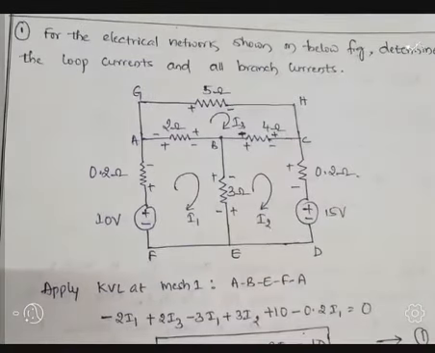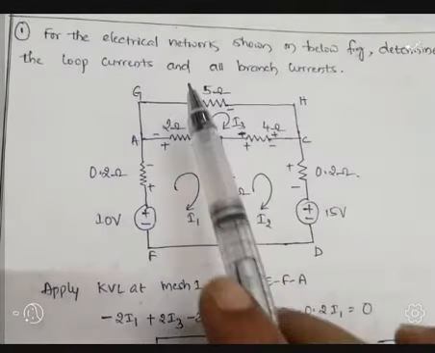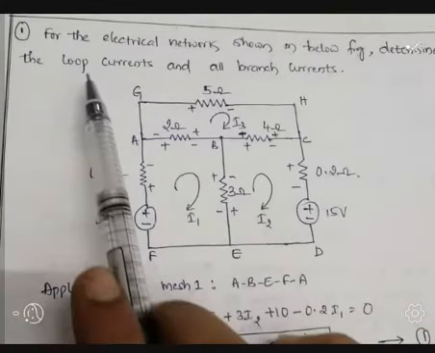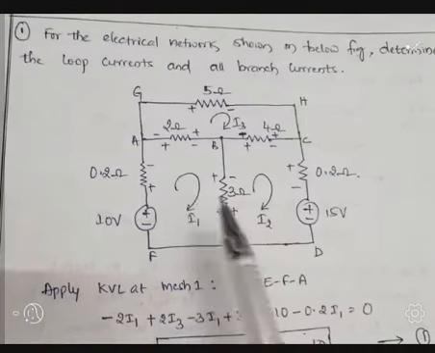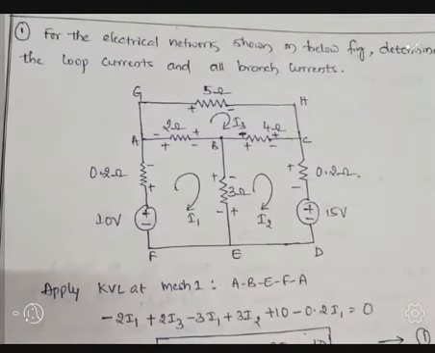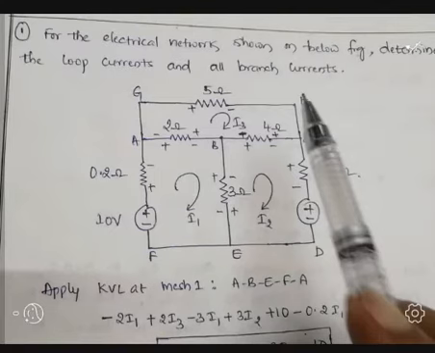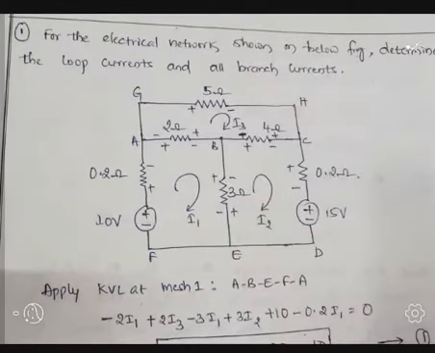Okay, fine. Now, as per the question, we have to find loop currents as well as branch currents. Loop currents means how many loops are there. There are three loops in the network, so we have to find three loop currents I1, I2, I3. Then he's asking to find all branch currents. So how many branches are there?